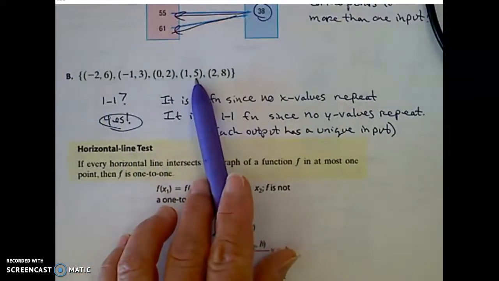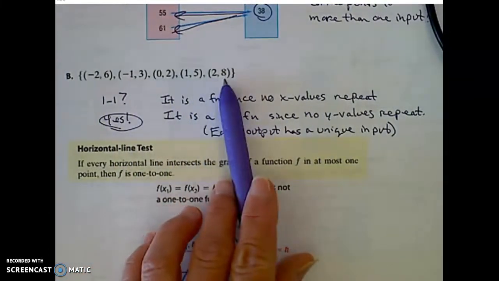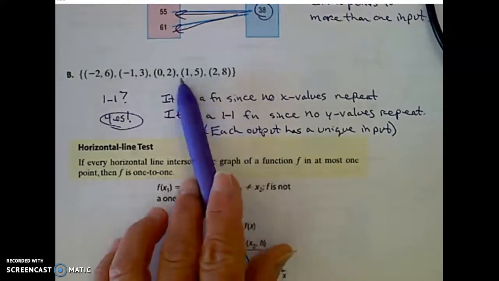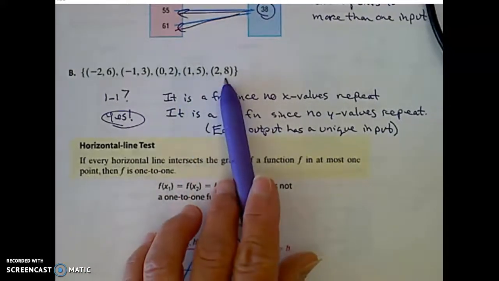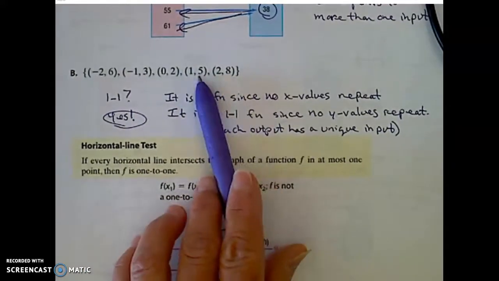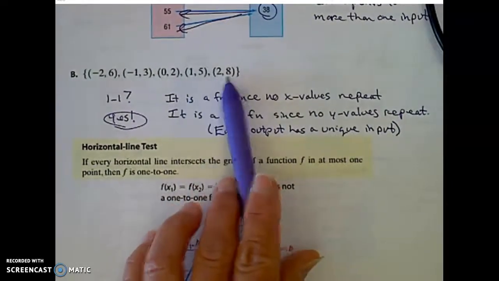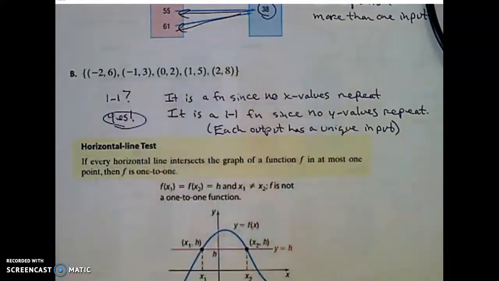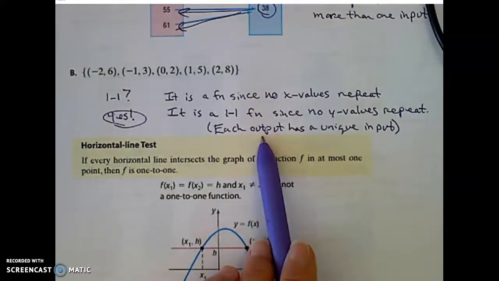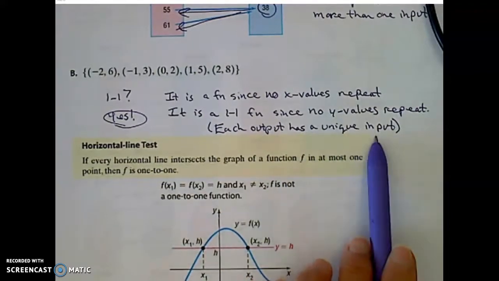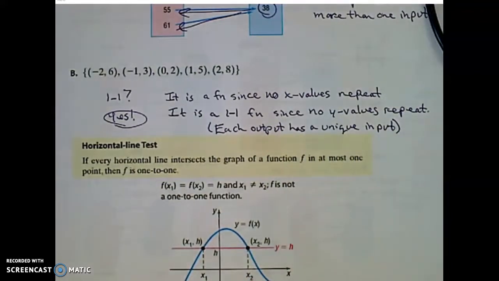If this had been a 5 and a 5, then you would have one output mapped to 2 different inputs. But since none of those y values repeat, they're all unique. Each output is mapped to a unique input. So yes, it is a one-to-one function.